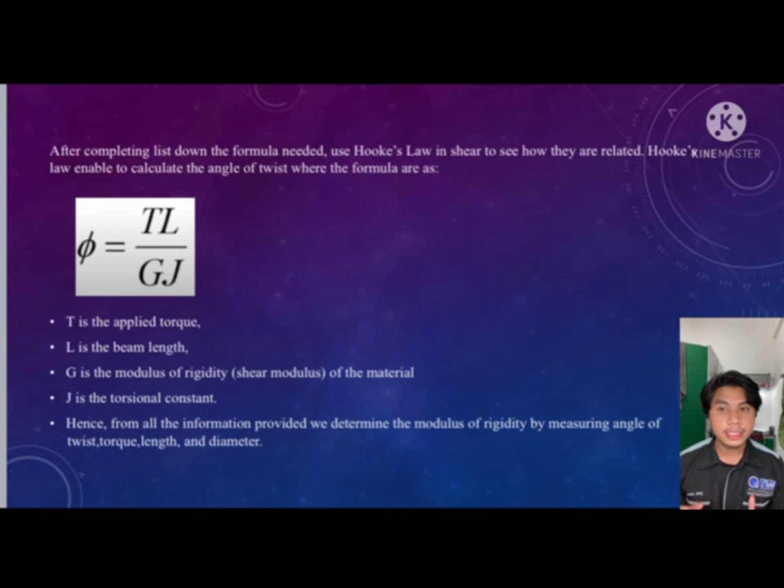After listing down the formulas we need, we use Hooke's law to see how they are related. Hooke's law enables us to calculate the angle of twist, where the formula is torque applied times beam length per shear modulus times torsional constant.